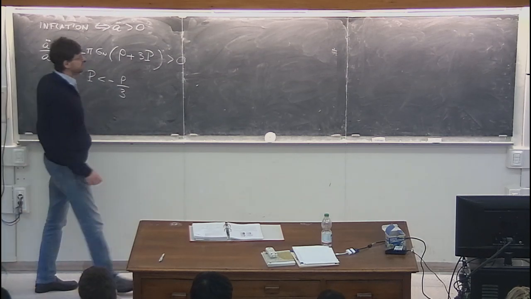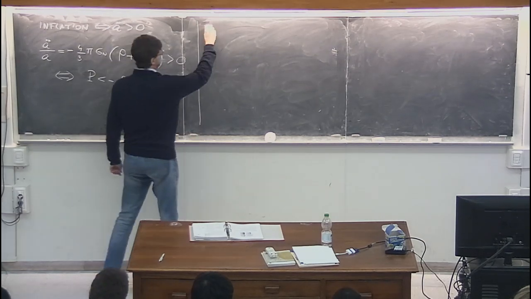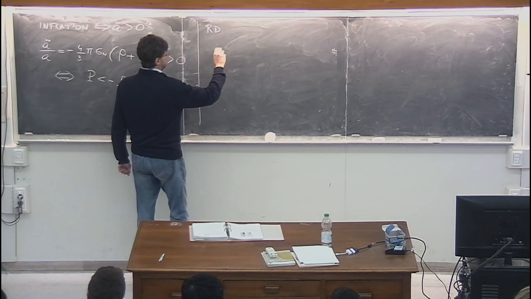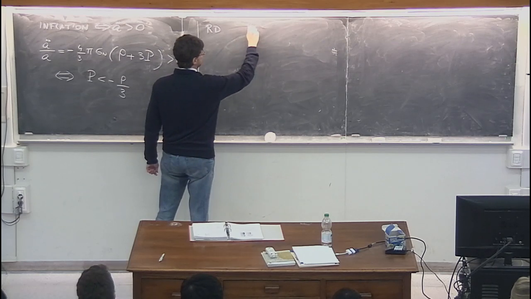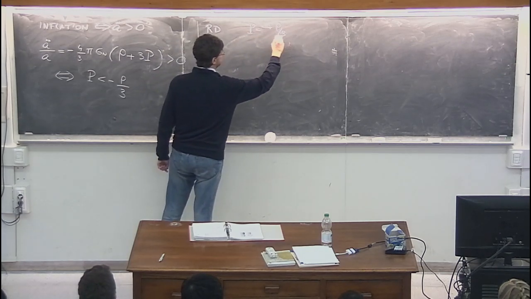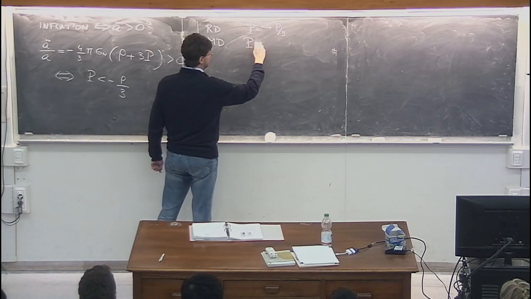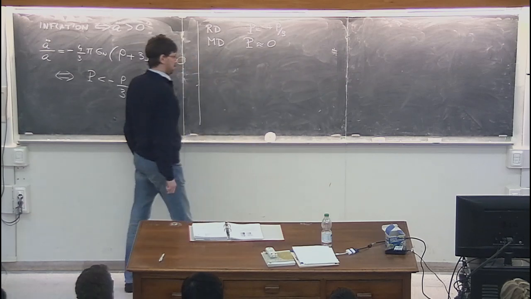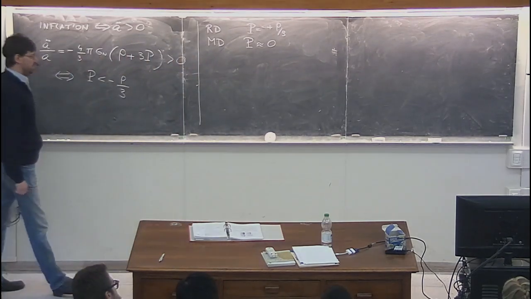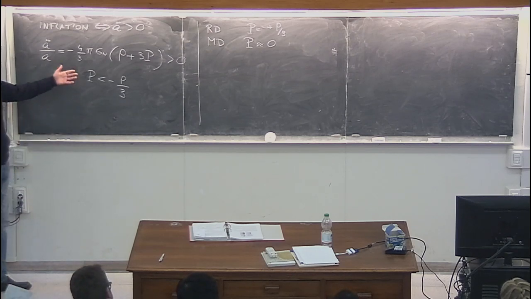So from here, I automatically get that radiation won't do it, because p is equal to plus rho over 3. Matter won't do it, because the pressure for matter is basically 0 for non-relativistic particles. So it's clear that I have to introduce something else. I have to do some more gymnastics to get this relation.